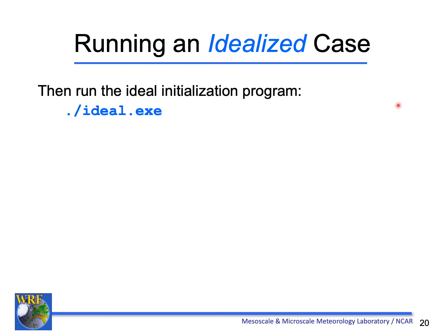Moving ahead, we will now run the program to create the initial condition for the model. Simply type ideal.exe to run. Most of our provided idealized cases have a small number of grid points, which we can easily run just using one computer processor, like what we do here.